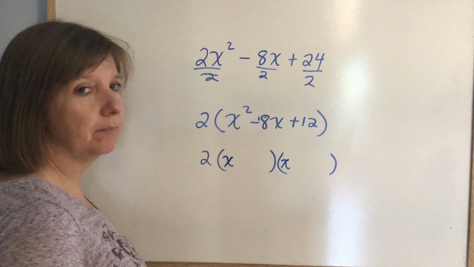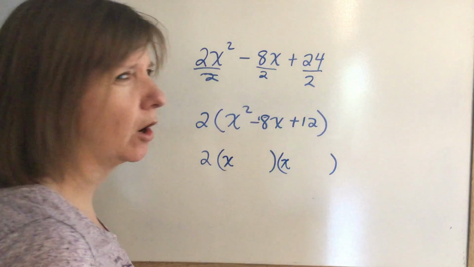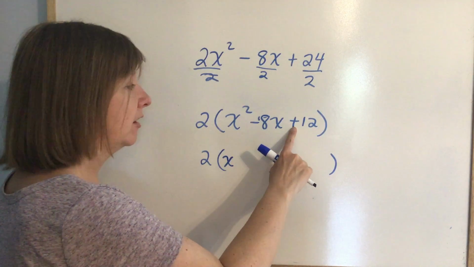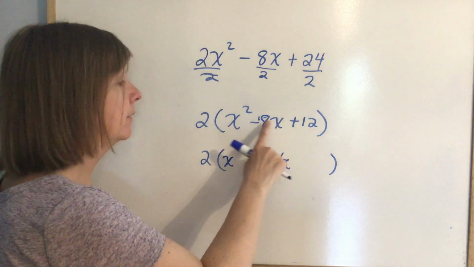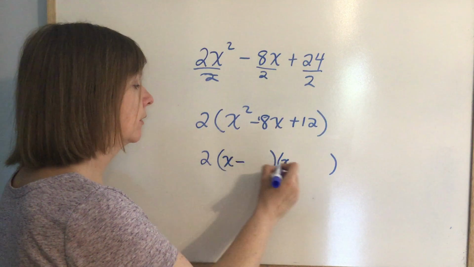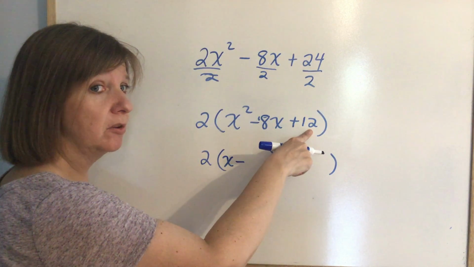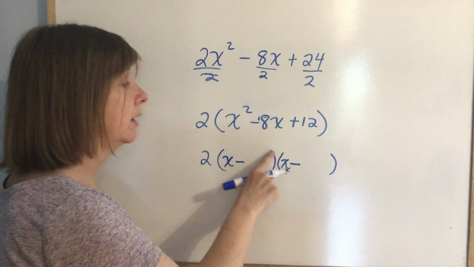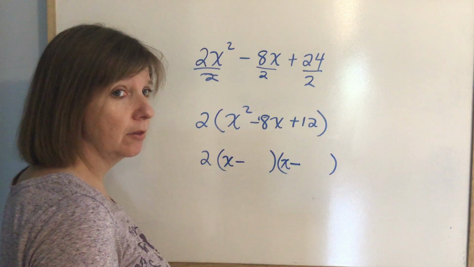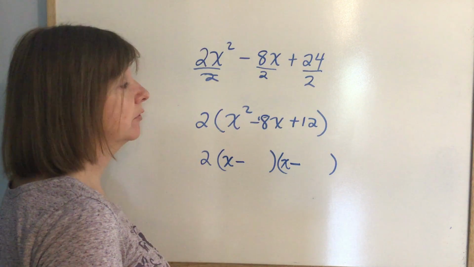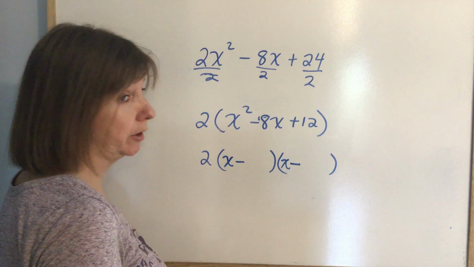This is factored. If it can, let's see. Like I said, I just made this up in my head. Watch, it'll work. So this tells me my signs are the same. This tells me they're both negative. So I need two numbers that when I multiply them together, they make 12. And when I add them together, they make negative 8. So for me, the first thing I think of for 12 is 4 times 3.